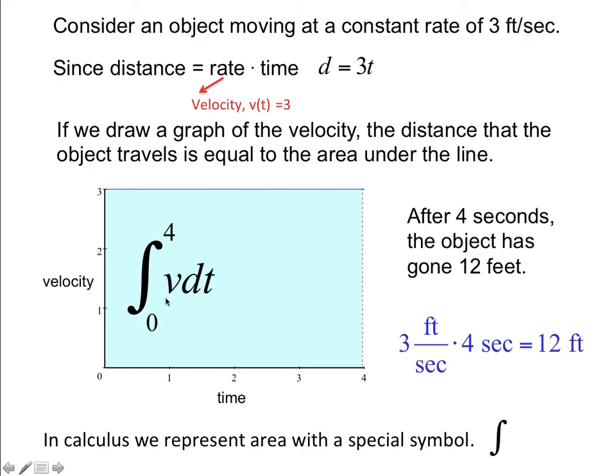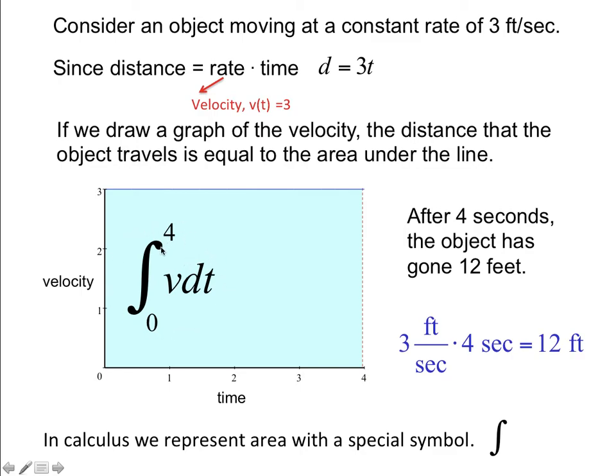This dt is just a dummy variable. It's telling you that the 0 and the 4 refer to a time measurement. So this is the notation we use to represent area or accumulation. Like I said, we're not going to use it too much in this section, but we're introducing it right now, and we'll use it more as we go throughout this unit.